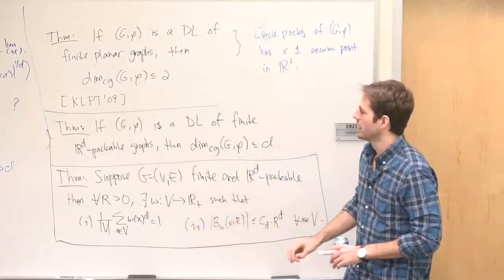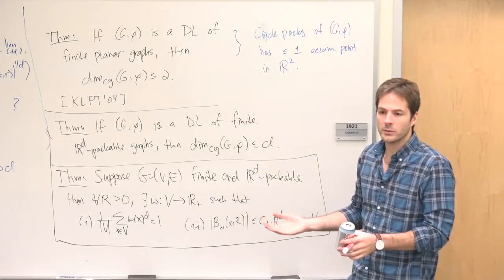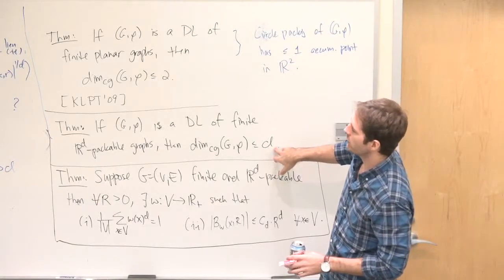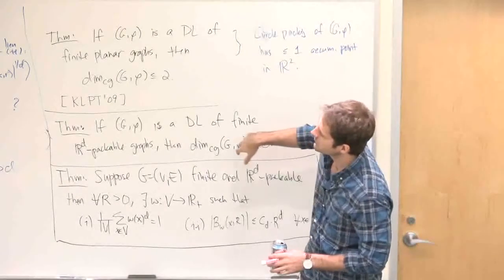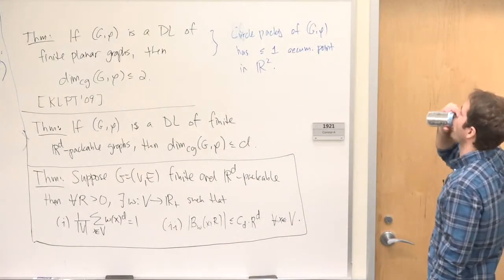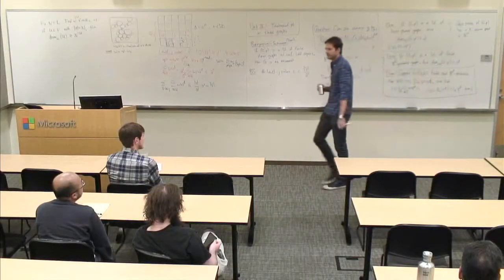So that works, but that doesn't have any known probabilistic consequences. Whereas this one gives you d-dimensional lower bounds on the heat kernel from the thing I erased. Okay, all right, thanks.